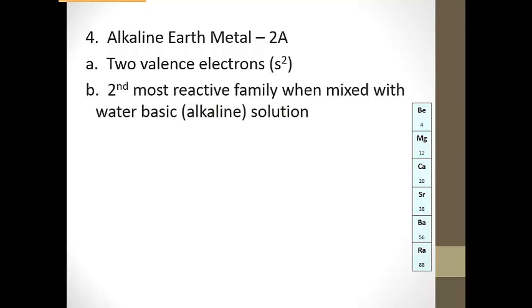They are the second most reactive family. When they're mixed with water, they become alkaline or basic. So if you hear about acids and bases, these would be bases. Radium is in glow-in-the-dark paint. So if you've ever thought about redecorating your bedroom, glow-in-the-dark paint probably contains radium.